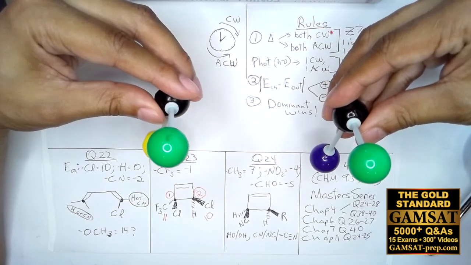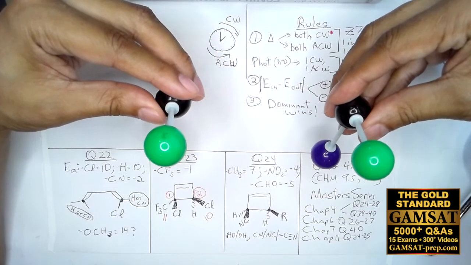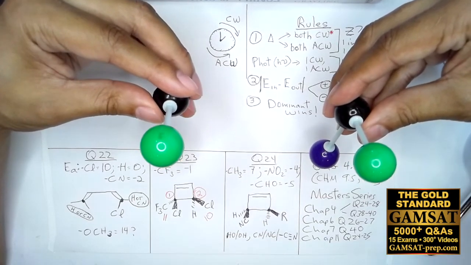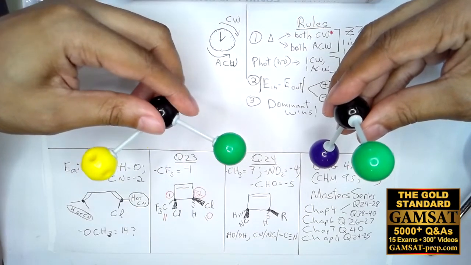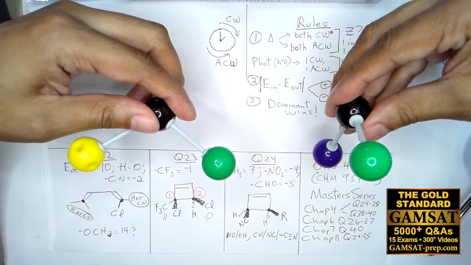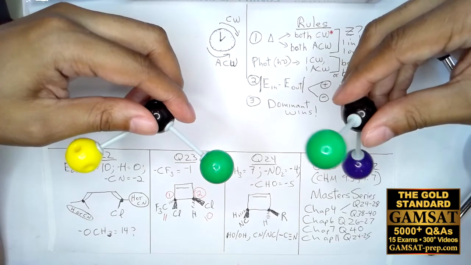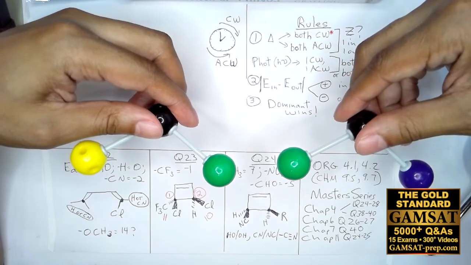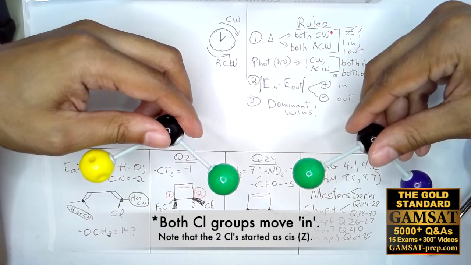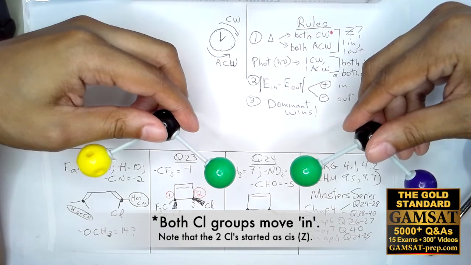And now in question 23, it has an even greater drive against CF3 than it would have with just hydrogen. So chloride moves in, and that's a clockwise movement. Photochemically means that the other group moves in the anti-clockwise direction. The other way to look at it is that both groups moved in, and thus we have the answer C.